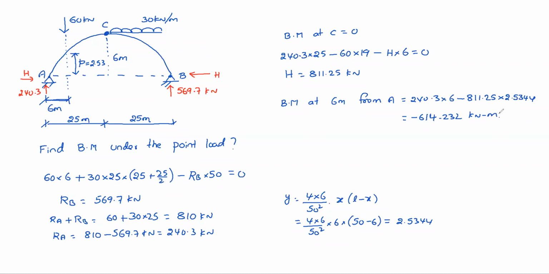That is the bending moment at that location. So like this, we can find shear force also if you want. Shearing force at 6 meters, at the left, is 240.3 kilonewtons at left of 6 meters. Just write it is different.